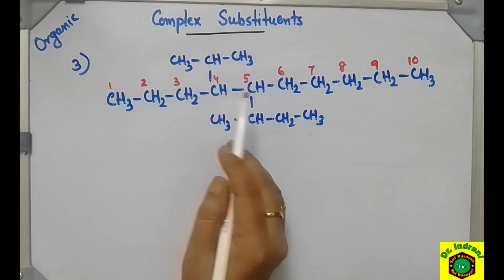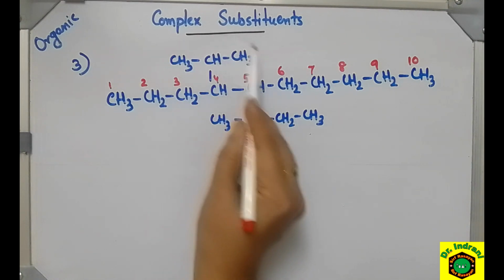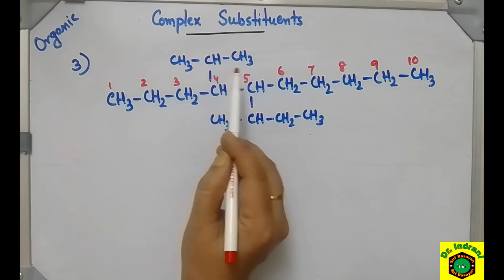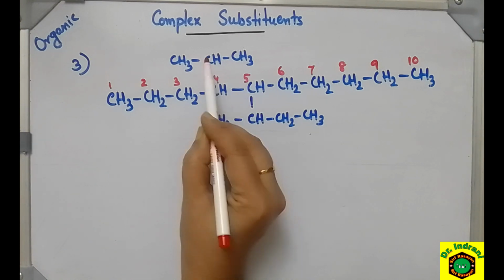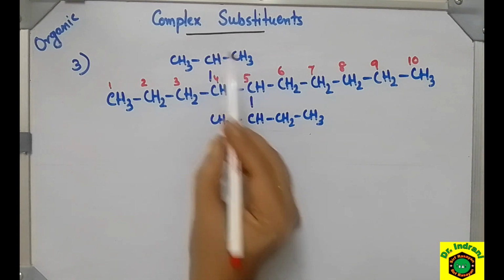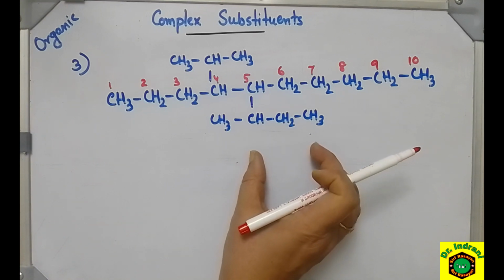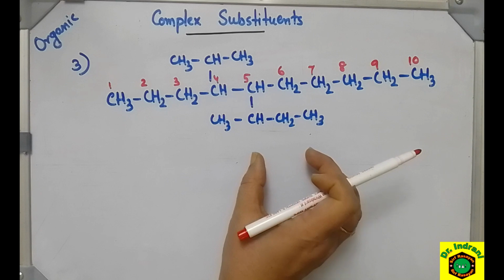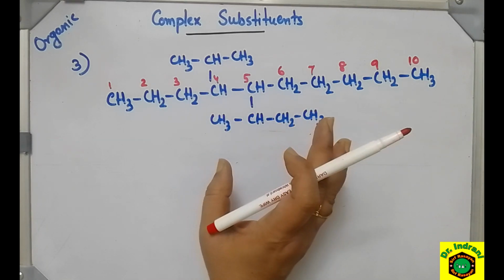Now see here, this is branching, this is another branching. So here this carbon you can give 1, and here for this carbon you can give 1, and here the longest chain you can find out, and whatever we did for example 1 and example 2, similarly you can do naming, no problem. That is 100% correct.